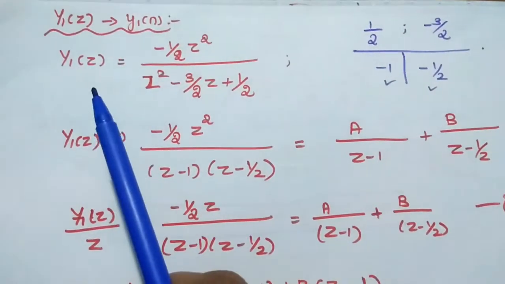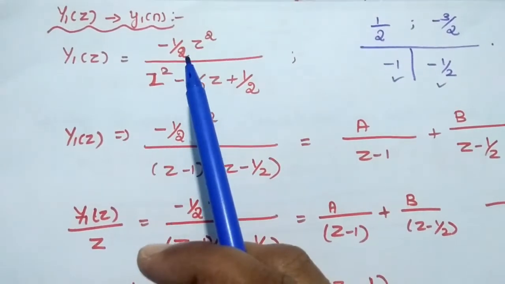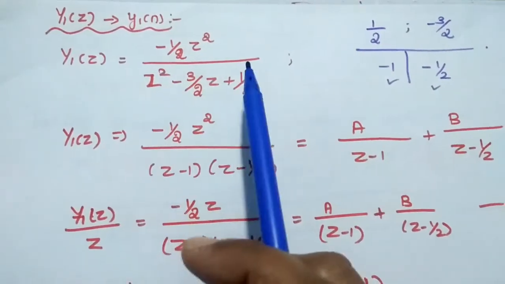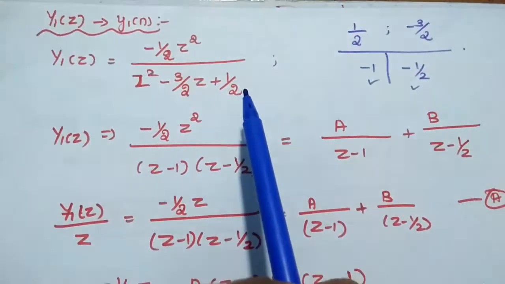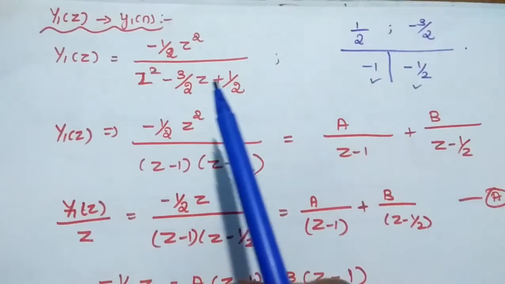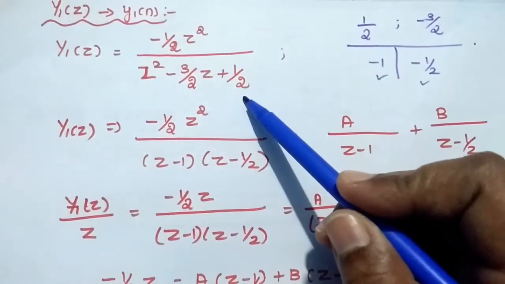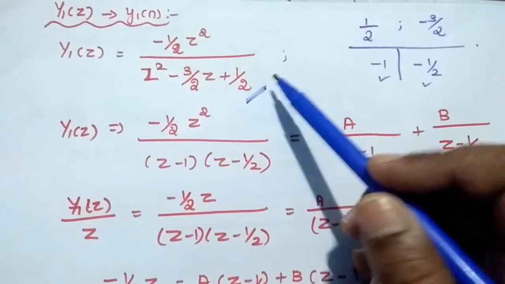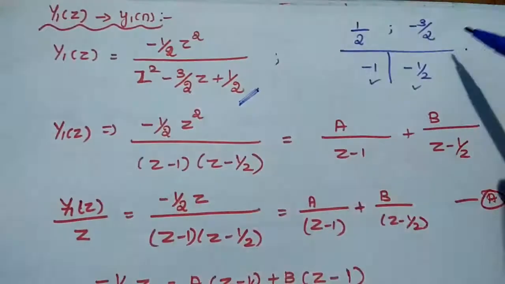Okay, so first write down y1 of z is equal to minus 1 by 2 z power 2 divided by z power 2 minus 3 by 2 z plus 1 by 2. Okay, so this is y1 of z. So next we are going to obtain the roots of this denominator. So here this value is 1 by 2 and this value is minus 3 by 2.